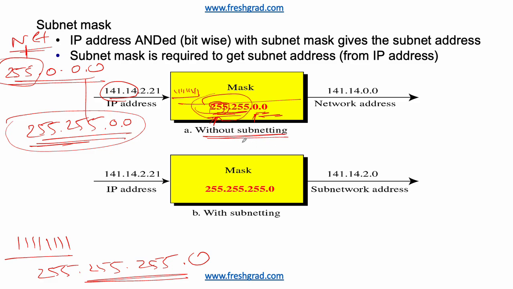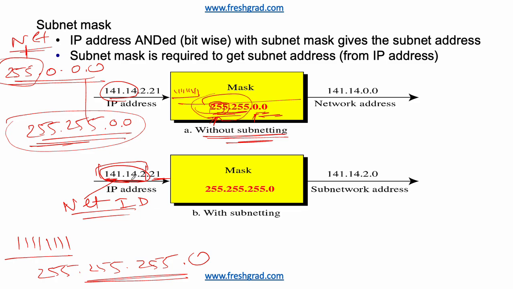Now with subnetting, what happens here? With subnetting, if you consider this as one network, this will become your network ID. So your network ID becomes all ones and host ID becomes all zeros in the subnet mask. This value will become all ones, so it's 255.